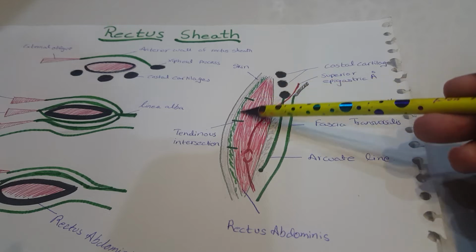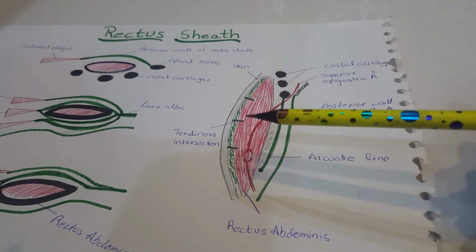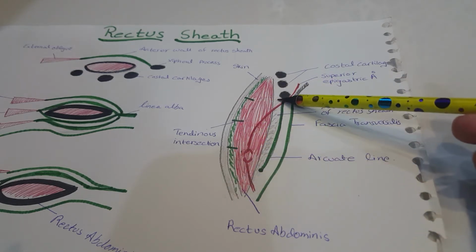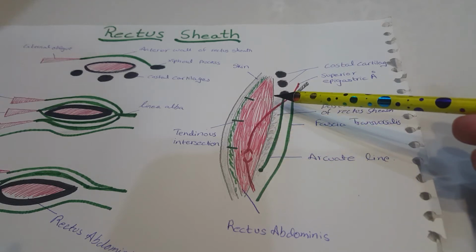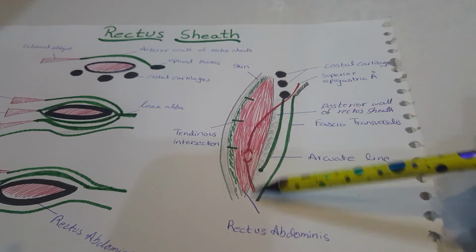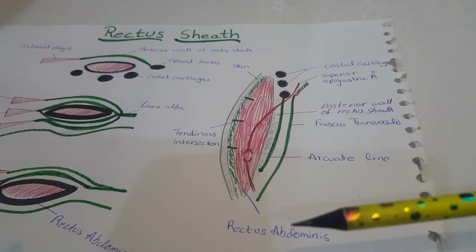So anterior wall of the rectus sheet is complete and the posterior wall of the rectus sheet is deficient above due to costal cartilage and below due to the arcuate line.